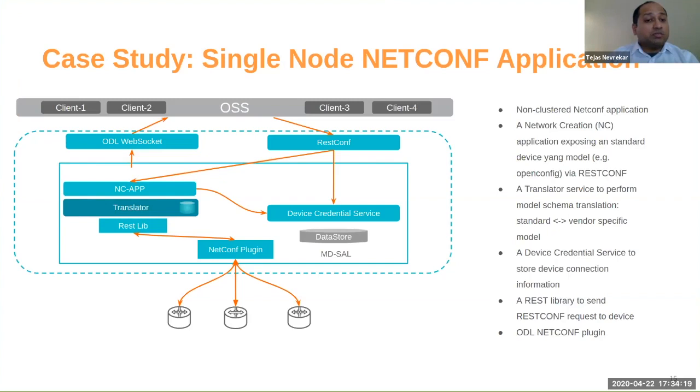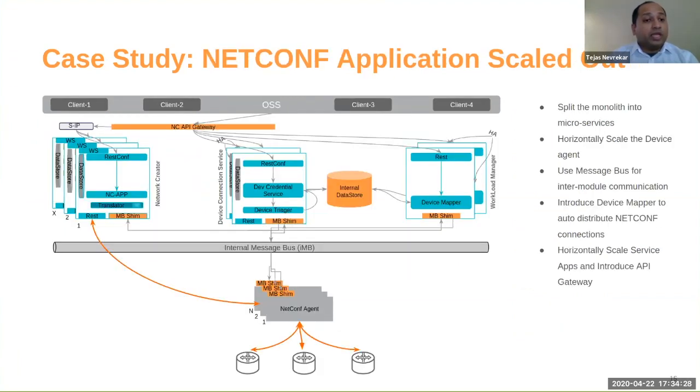So this is clearly something which does not scale beyond a point, and you have to look at slightly more scale out designs where you can break up the application into different application components.